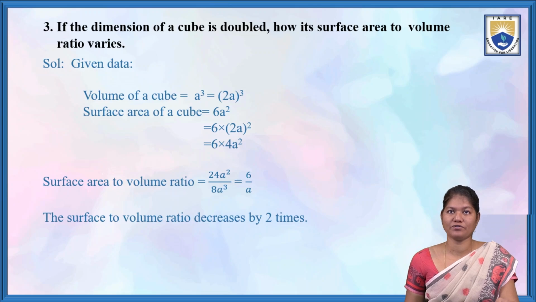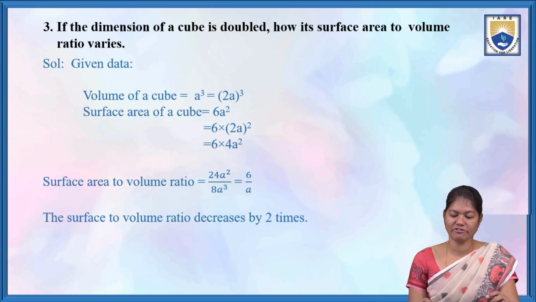If the dimension of a cube is doubled, how does its surface area to volume ratio vary?